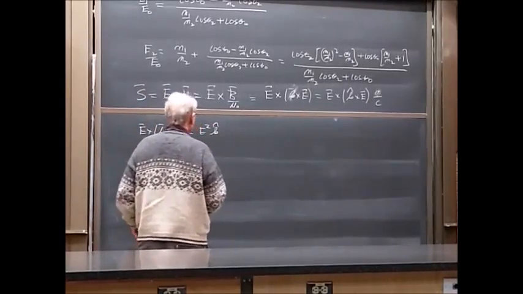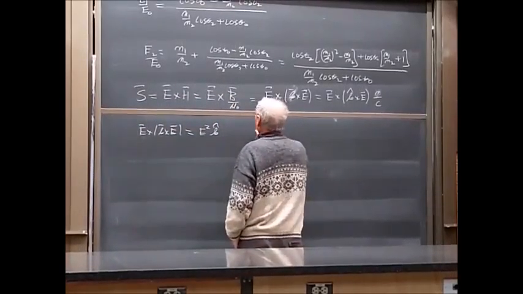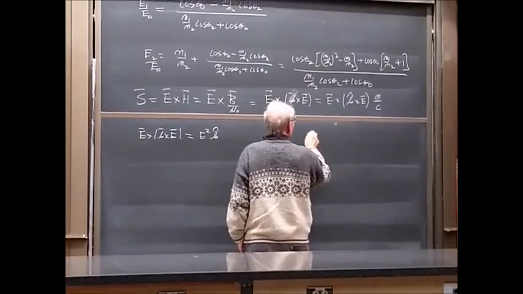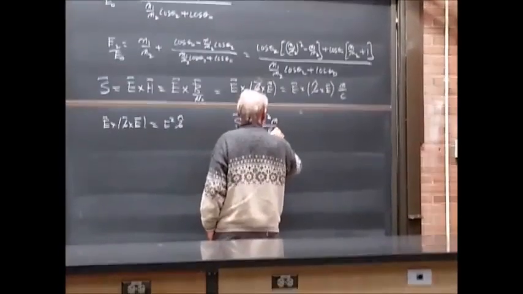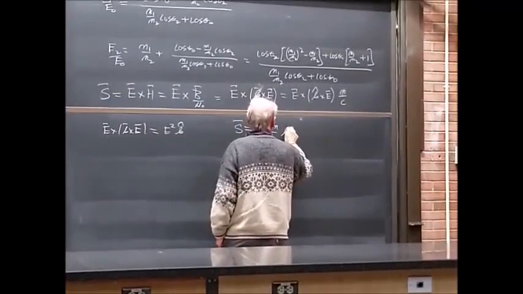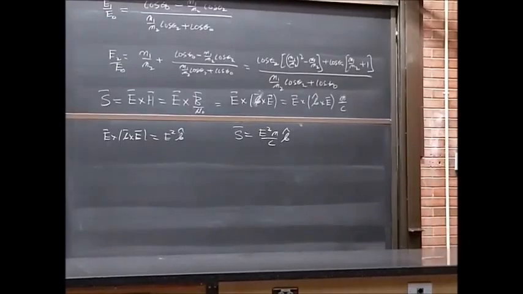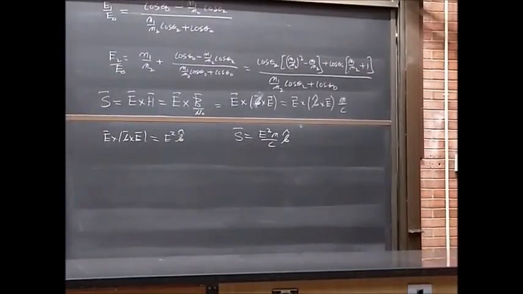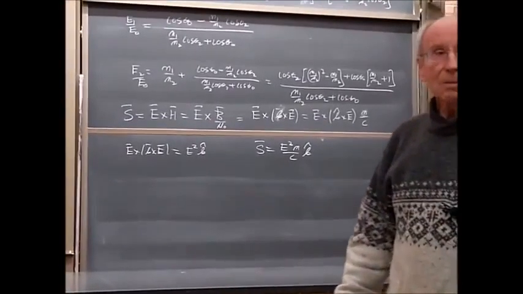So you simply get E squared K. So S then is equal to E squared N divided by C times K. Okay with everybody?